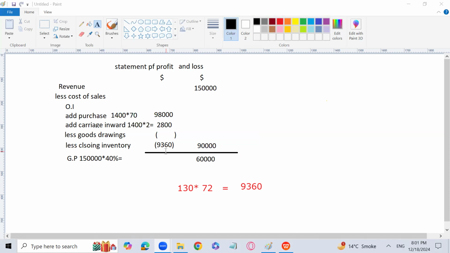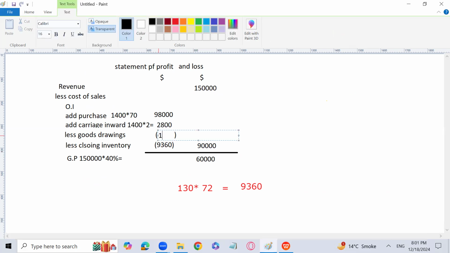And I will take a difference from 98,000 plus 2,800, that is 1,08,800, right? We subtract the total of cost of sales and closing inventory, 99,360. So 1,440 is going to be the drawings.